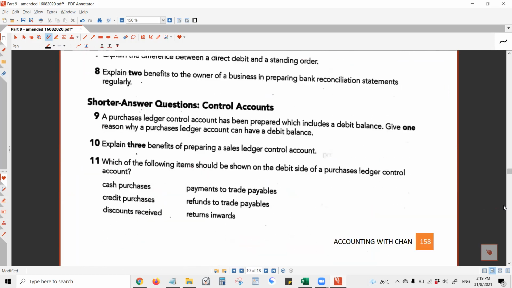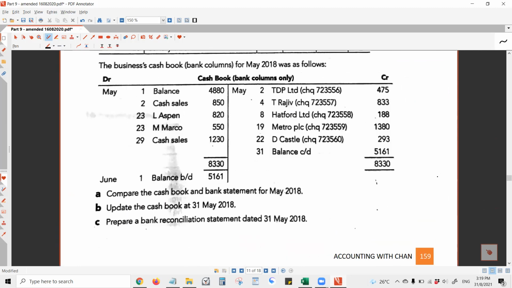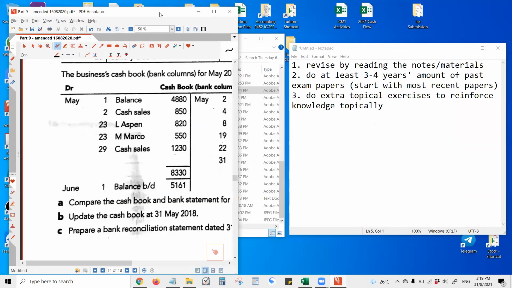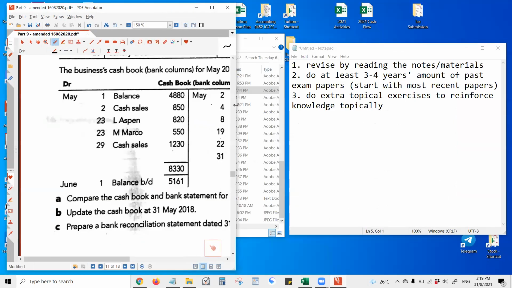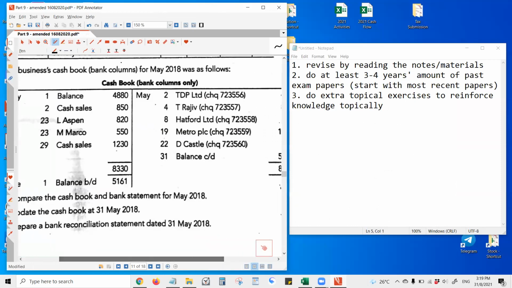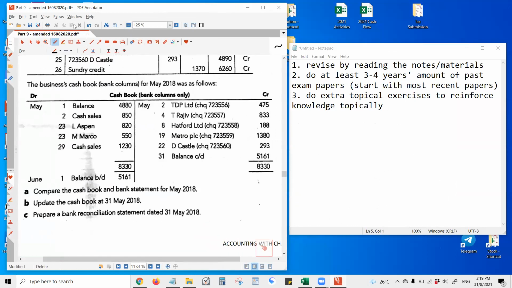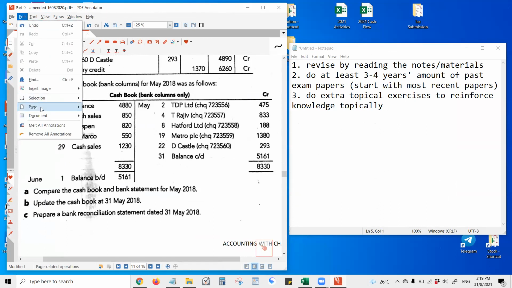You look at page number 159. You need to have foolscap paper because this is a question from a workbook, so there's no space given to us to complete it.